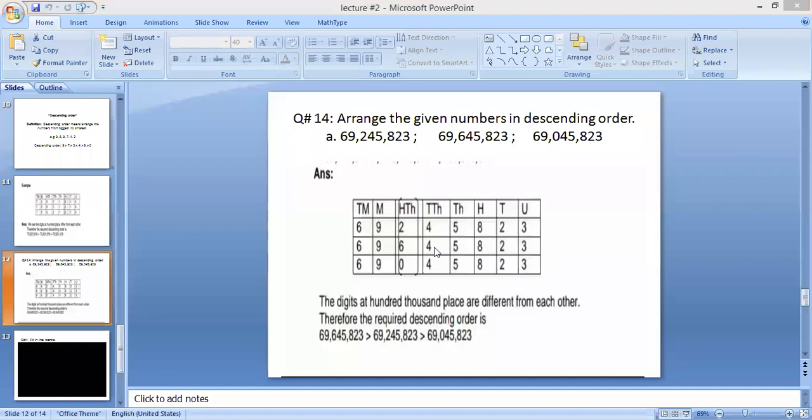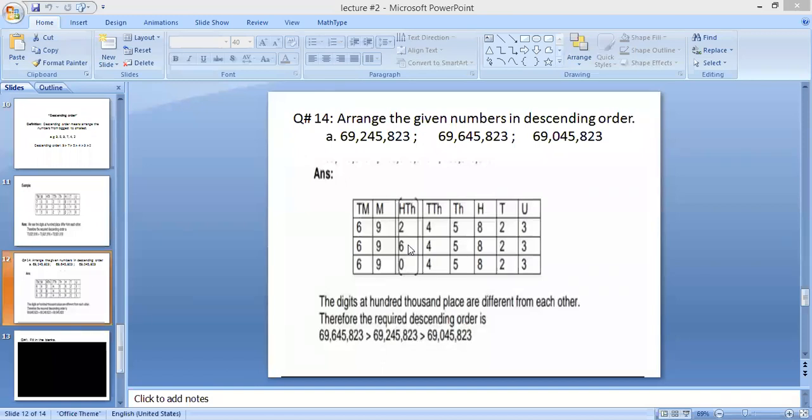Write down numbers this way. And you can check the place value at 100,000. The digits at 100,000 place are different from each other: 2, 6 and 0. Therefore, for writing descending order, you will check which one is the greatest, 2, 6 or 0.